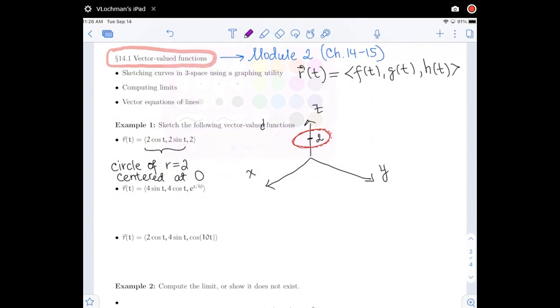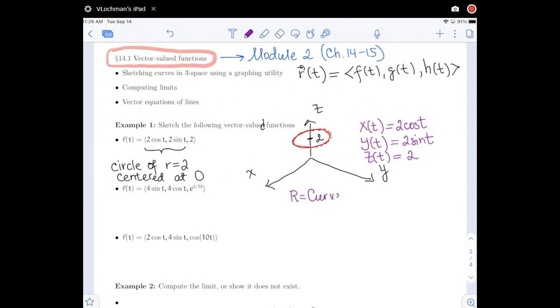I would say x of t is equal to 2 cosine t, and then y of t is equal to 2 sine t, and then z of t is equal to 2. That's what I would plug in. Then you can just copy and paste that: r is equal to curve.